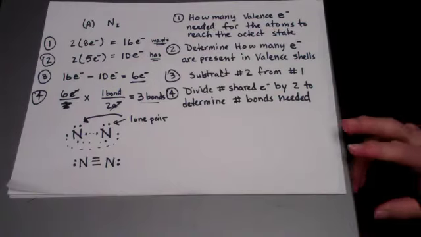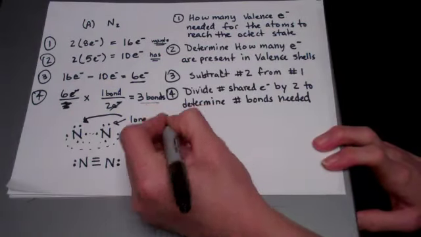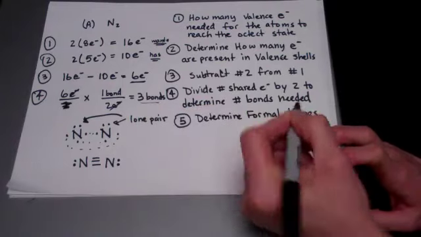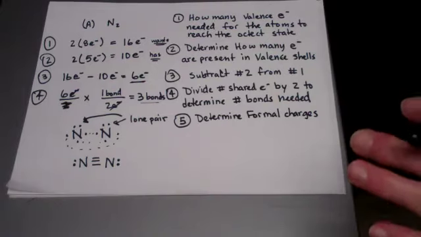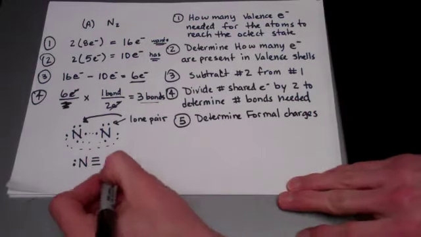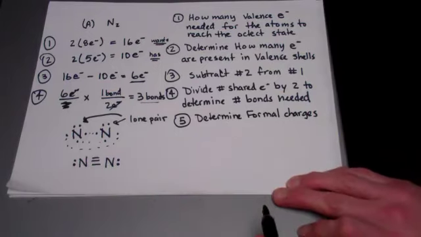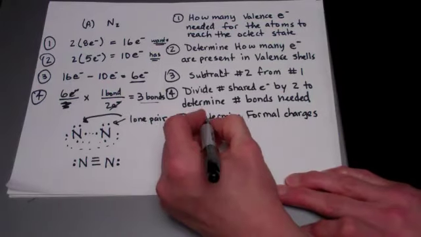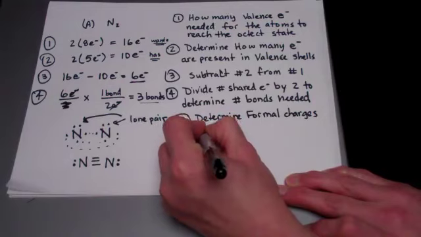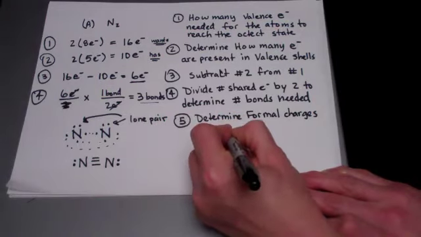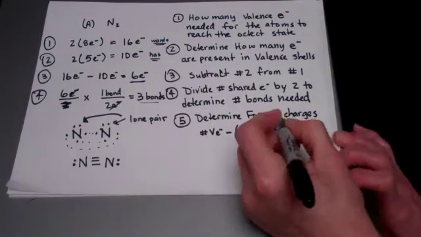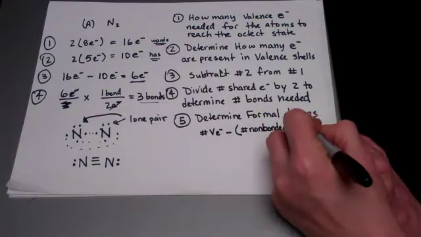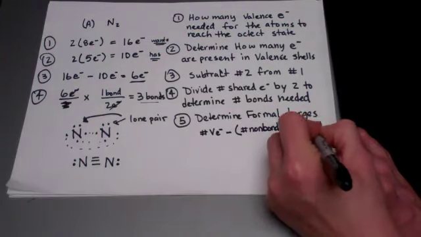We end our calculations by determining formal charges. It's not really necessary in this case because this is the only way these atoms could bond together, since there are only 2 atoms involved, but we can still do it. Our formal charge is the number of valence electrons minus the number of non-bonded electrons plus half the number of shared electrons.